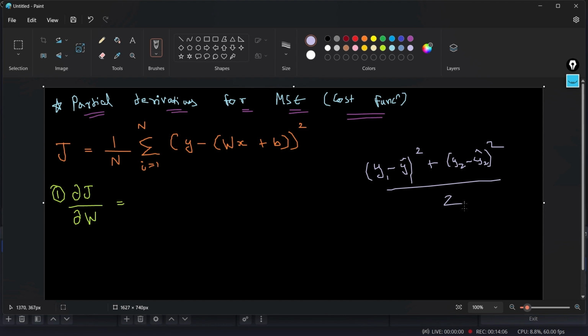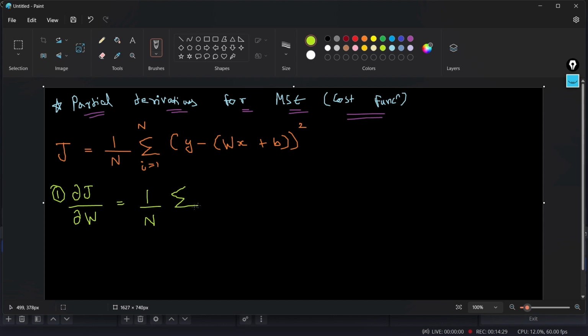So it basically means that the derivative of this one term, you can simply add all the derivatives of the term together by using the same type of notations. So essentially the output we'll be getting over here will be something like this. You will be taking the average of the derivative terms that you are going to get for all the rows between 1 to n. So I hope this part is clear.